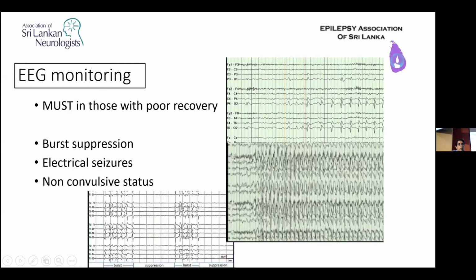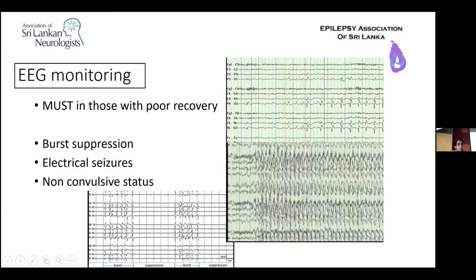Just a word about EEG monitoring. According to protocol, all patients who do not make a good immediate recovery following status epilepticus should be undergoing EEG monitoring. If you are on anesthetic agents, you might be aiming for burst suppression, which you can only see on your EEG. Not essential, but if you are aiming for that, you might only be seeing it on the EEG.